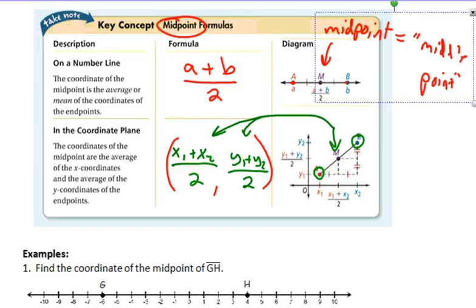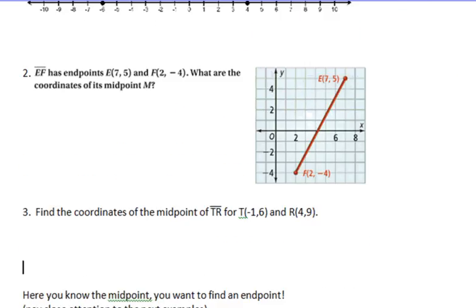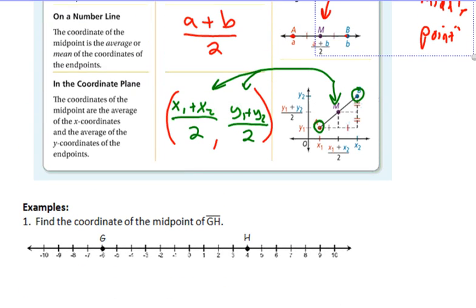So let's do an example of each of those. All right. First of all, let's start with, no, sorry, not a coordinate plane. Just a number line. We have g is -6. So that's our first point. So we're going to do -6. Midpoint is going to be equal to -6 plus the other point, which is 4. We want to divide that by 2.